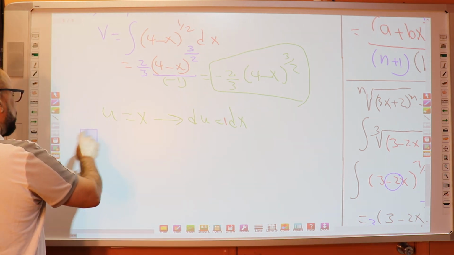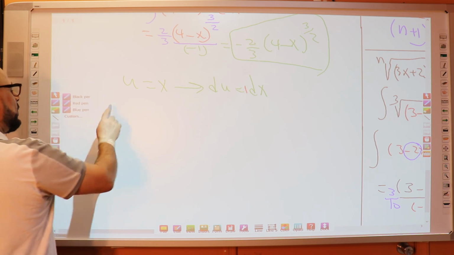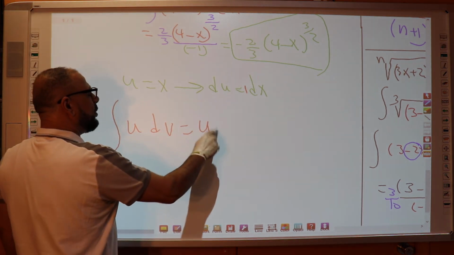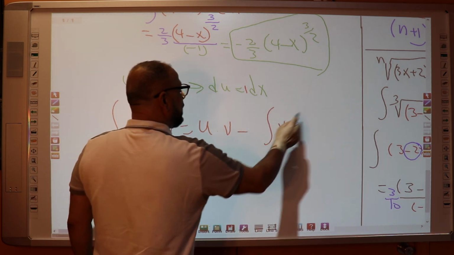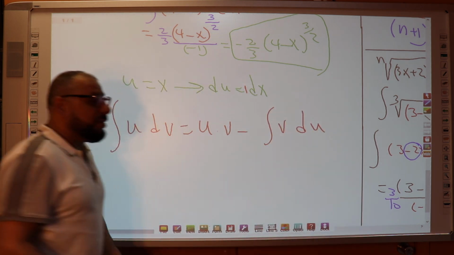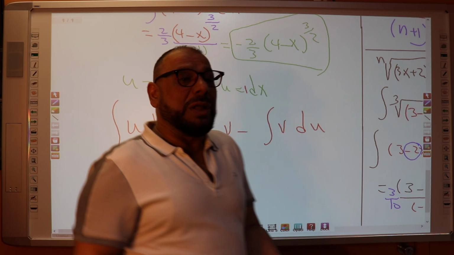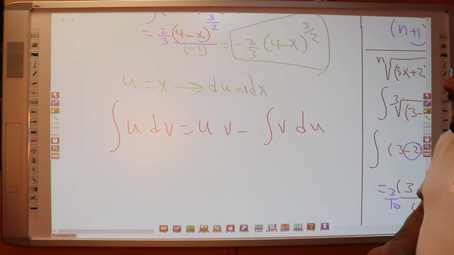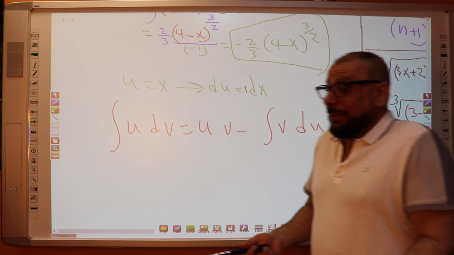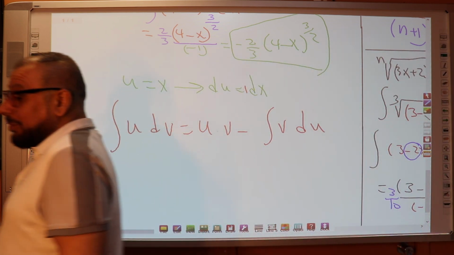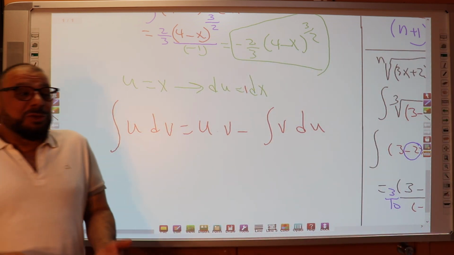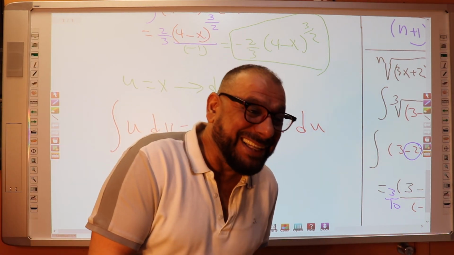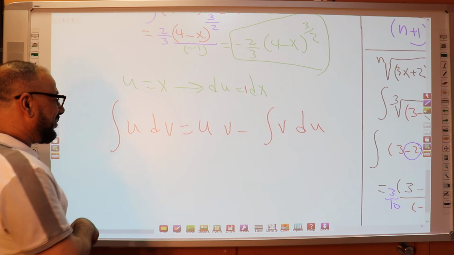Always when I start integration by parts, I write u, dv, u, v, v, du. What are you losing when you write this formula? This is a problem I have with my students in the college.